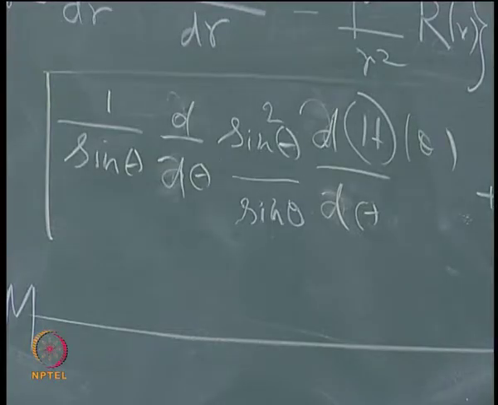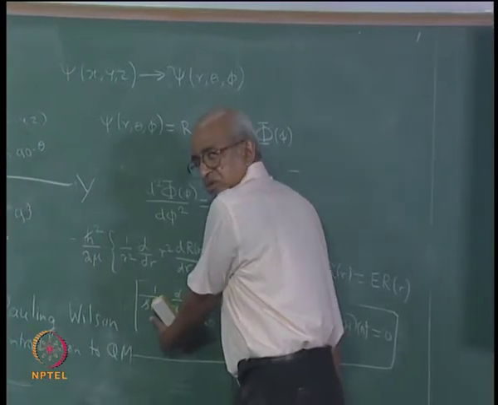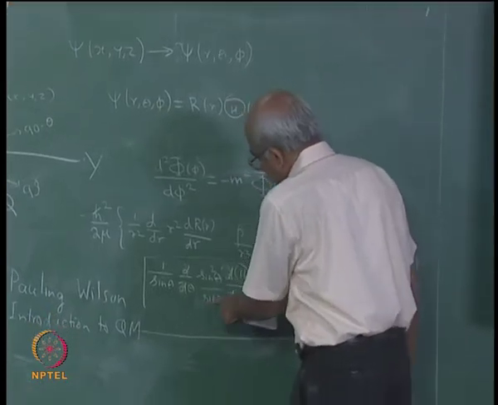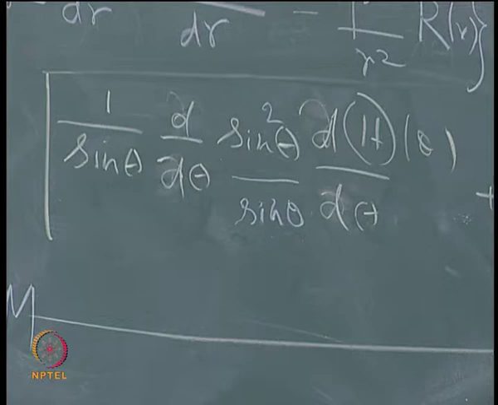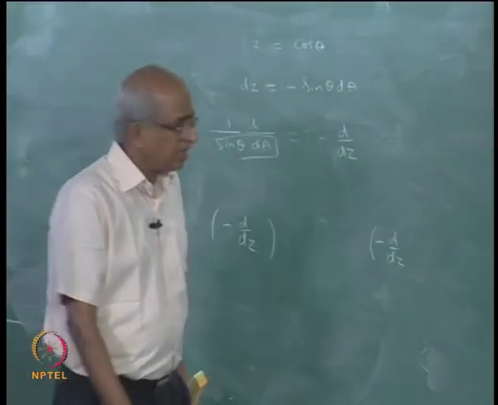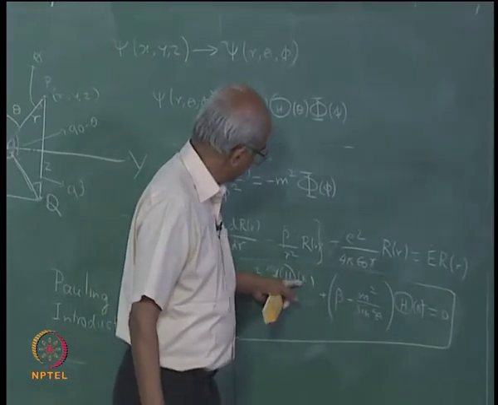I am just writing this operator. Then there is another sin theta d theta, so therefore I will have another minus d by dz, and that is going to operate upon capital theta.